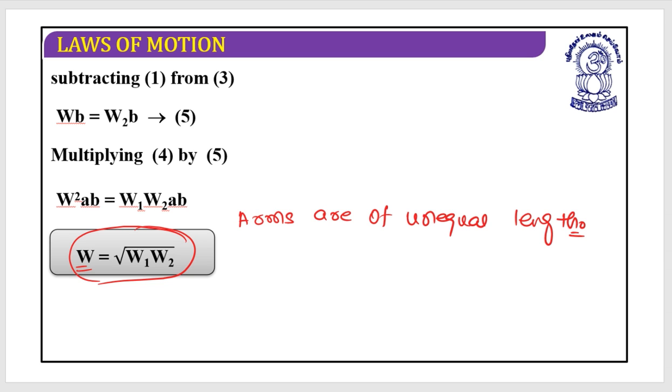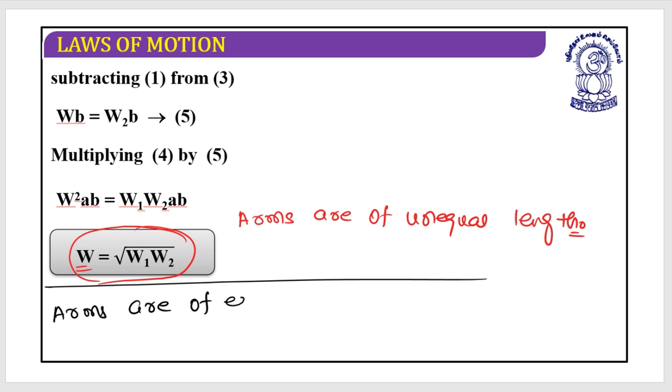If the arms are of equal length, then I can write W = (W1 + W2) / 2.